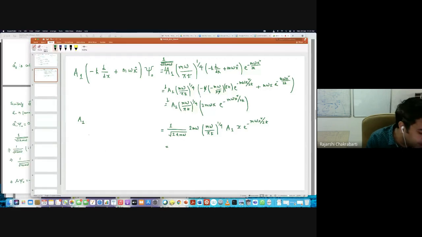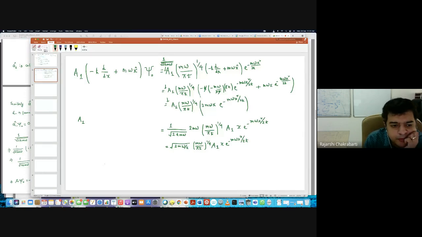So let us calculate a1. Okay, so I can do it here. So actually this will give you root over twice m omega, by h cross into m omega by pi h cross to the power 1/4, a1 x e to the power of minus m omega x square by twice h cross.